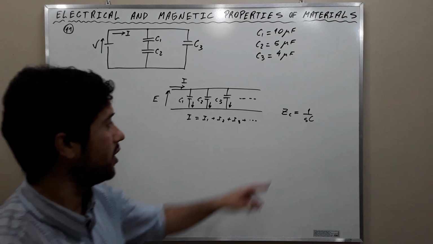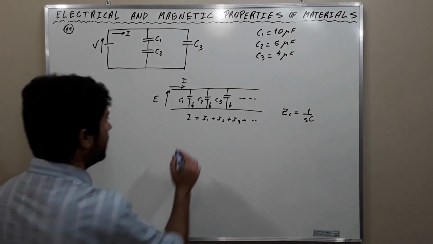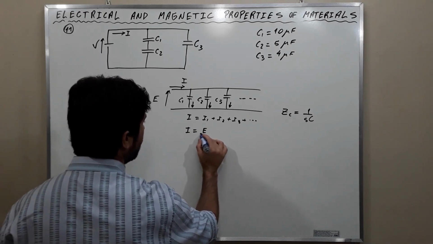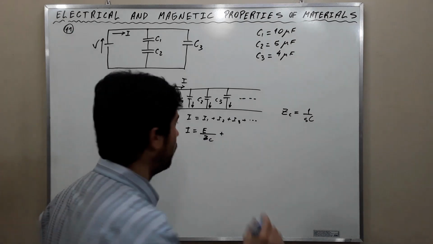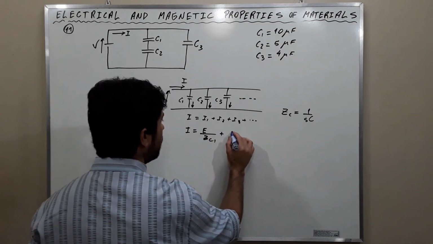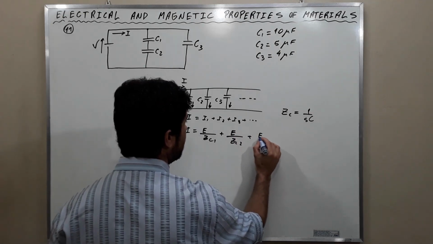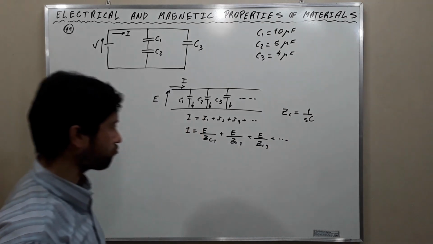Let's generalize and say that the impedance of the capacitance is ZC. Then we have here E over ZC1 plus E over ZC2 plus E over ZC3, and so on.